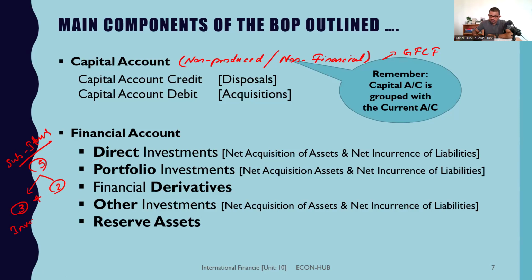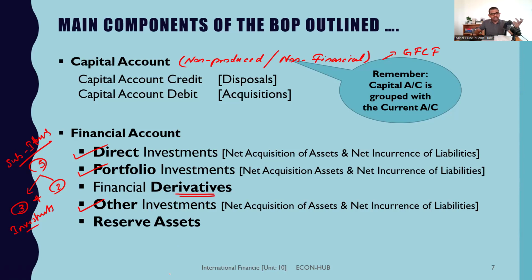3 types of investments. What are the 3 types of investments? It's very easy to remember it this way. We have direct investment, 1. Portfolio investment, 2. Other investment, 3. Direct, portfolio, other. 3 types of investments are there. Then the remaining 2 items are financial derivatives.